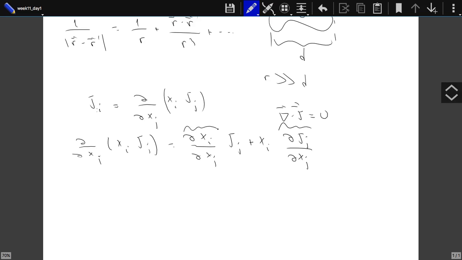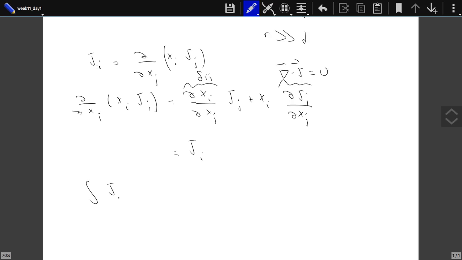And if you look at the first term, this derivative is nothing but the Kronecker delta. It is 0 if i and j are different, since coordinates are independent of each other. It is 1 if i and j are equal. So if you are taking the derivative of one coordinate with respect to itself, you get 1. So this is J_i. When we sum over all the j, we get J_i.